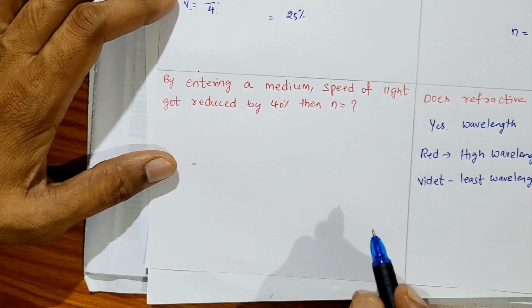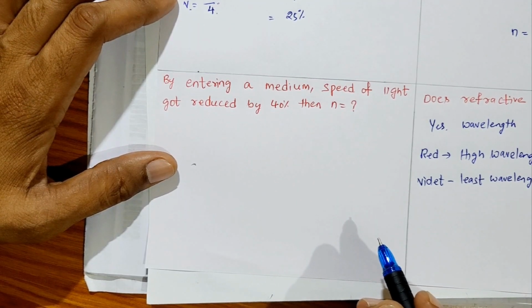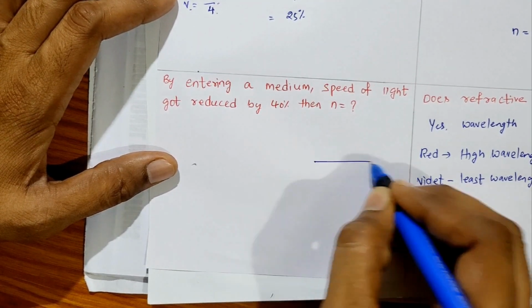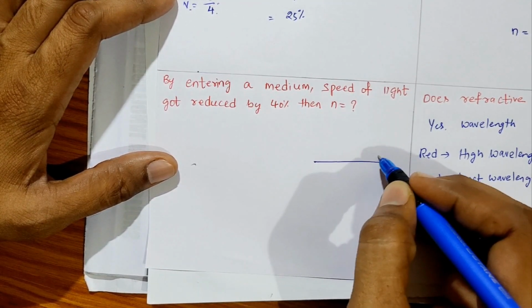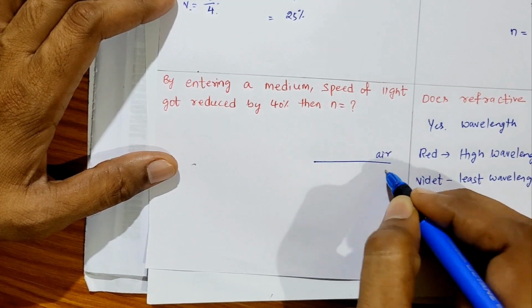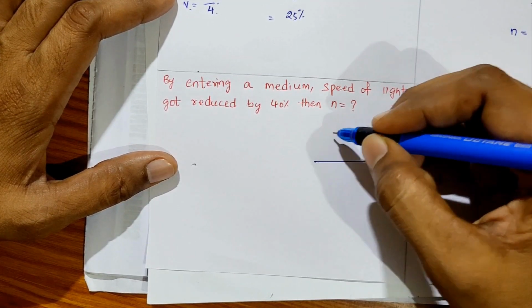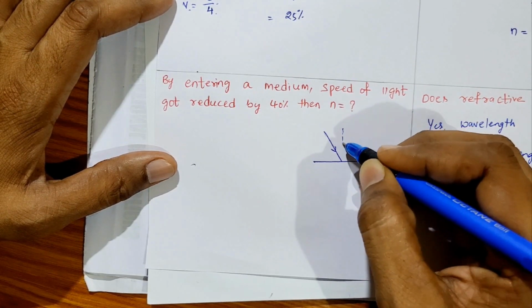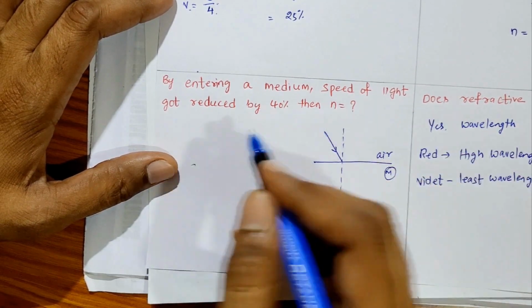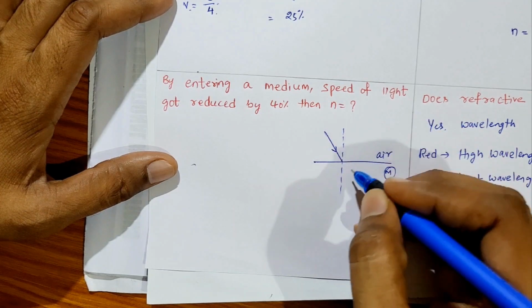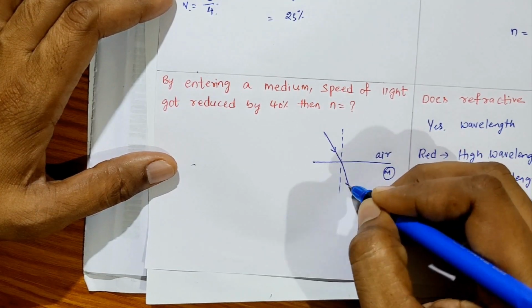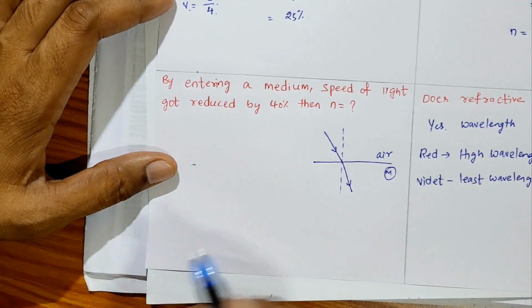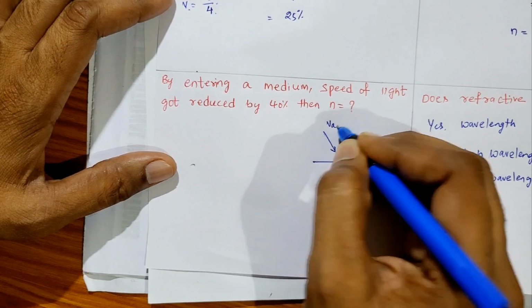Got reduced by 40% means, let us take, this is air and this is medium M. See, the light ray is entering into the medium like this and the speed got reduced by 40%, which means what is remaining? 60% is remaining. Speed of light in air, take it as VA.